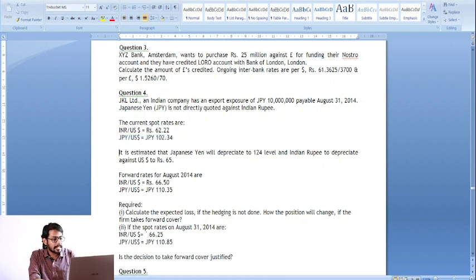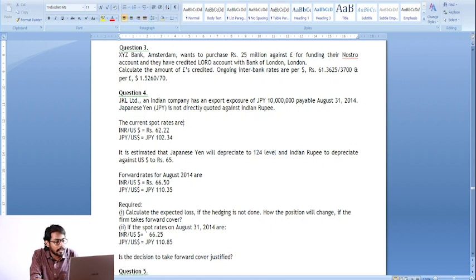Now, it is estimated that Japanese yen will depreciate to 124 level and Indian rupee will depreciate against US dollar to 65. It is estimated that this will happen. See, you have payable on 31st August. So, on 31st August, you assume that this is going to be the situation.